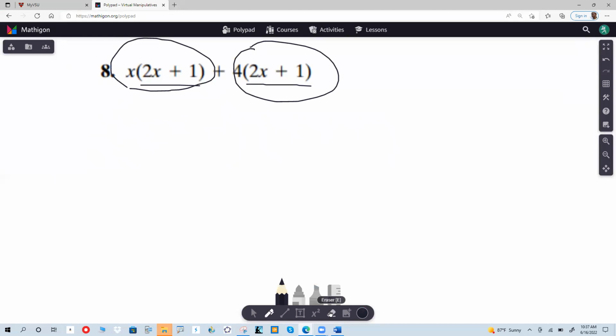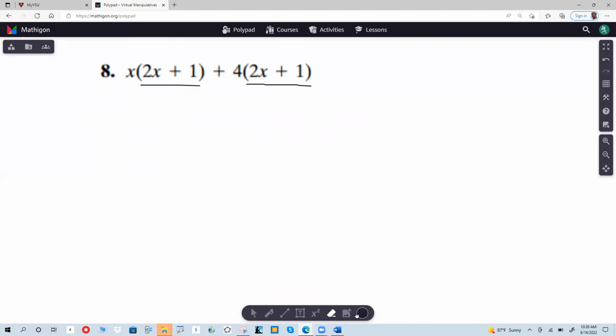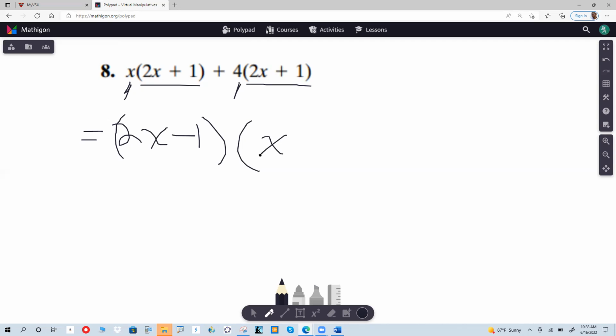The biggest thing that's common, it is this guy. Okay, and what's left? This is left and 4 is left, and make sure this plus sign is there. So what's left is x plus 4.